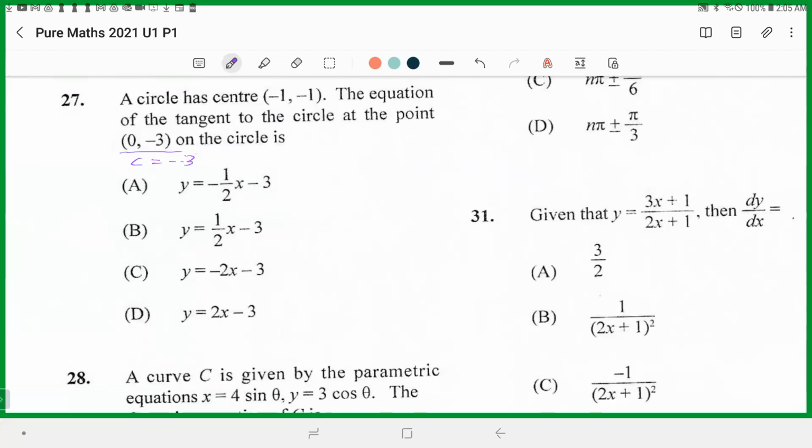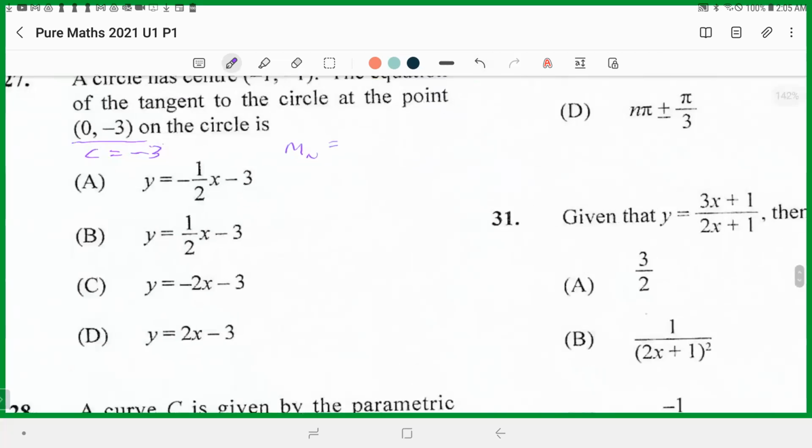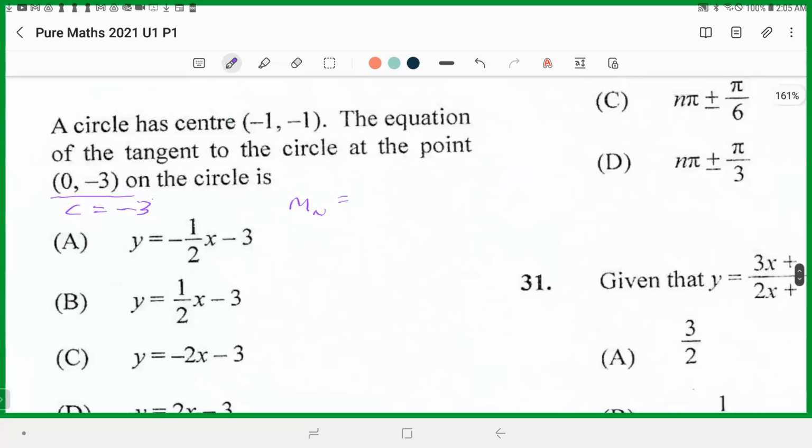Between these two points, we're going to get the gradient of the normal. So the gradient of the normal is this y value minus this y value, which is -3 minus -1, over 0 minus -1.